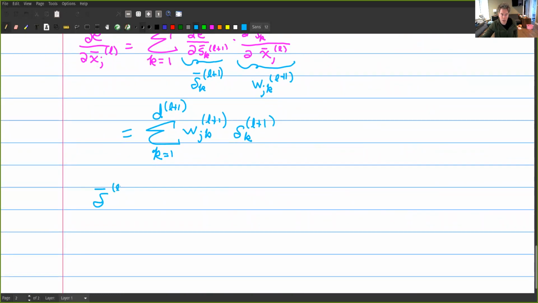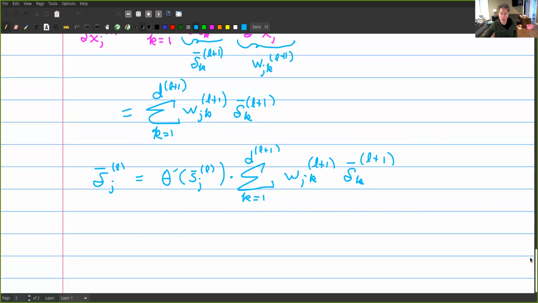Delta L J is equal to theta prime of S L J times the sum as K goes from 1 to the number of nodes in the next layer, WJK L plus 1 times delta K, I should be putting the bars on the delta, L plus 1.